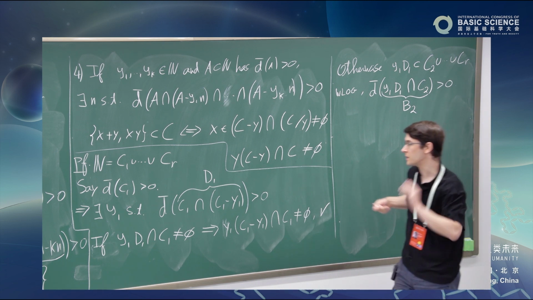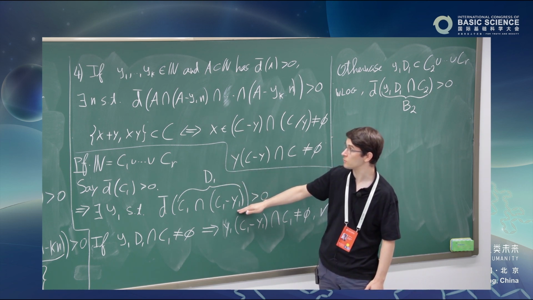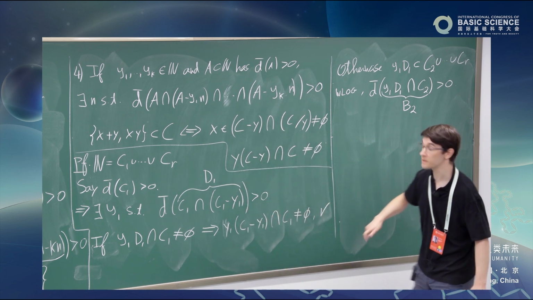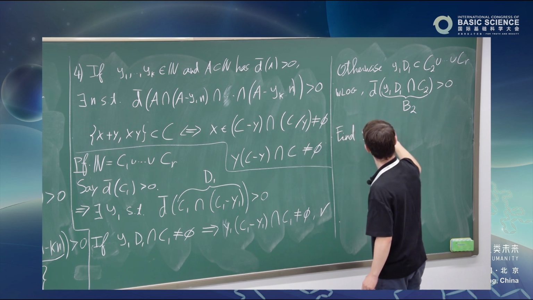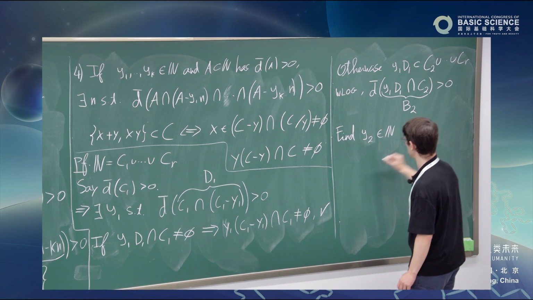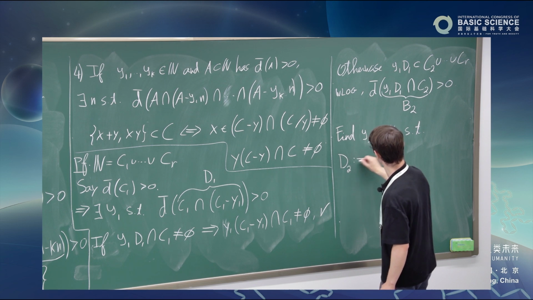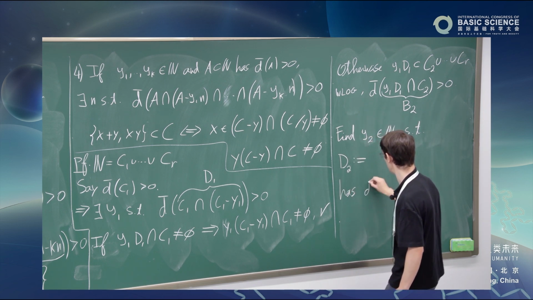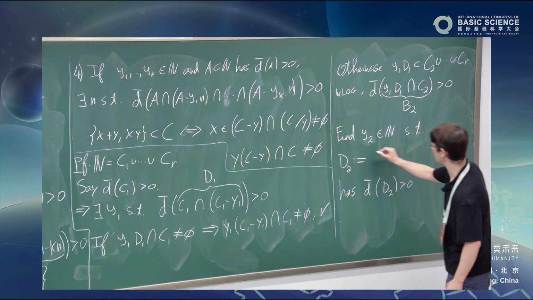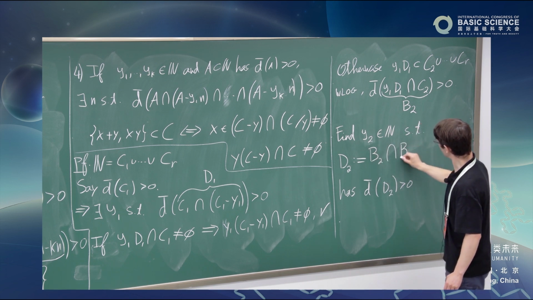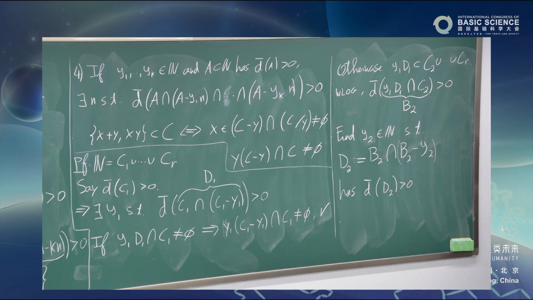And now I will do the same thing again with an extra step. So I have a set with positive density. I will use property 4, Moreira's theorem, to find a new number y2 such that D2 is some set of positive density. So this is what I did earlier. What's D2? B2 minus y2, same thing as before. But now I will need an extra intersection.